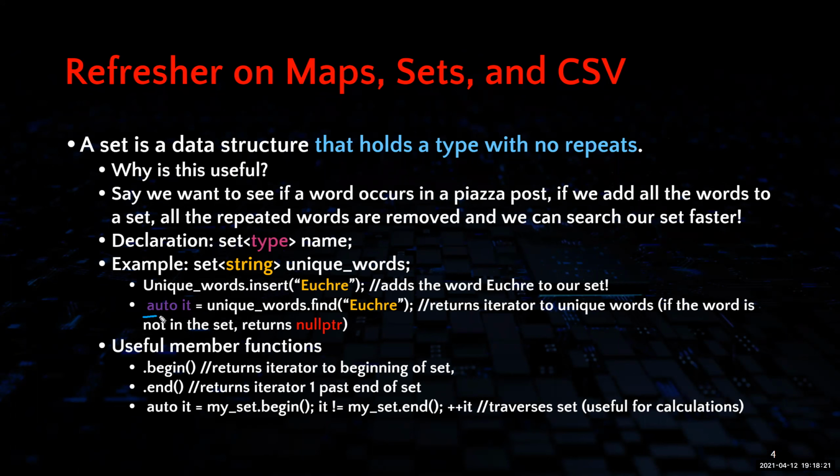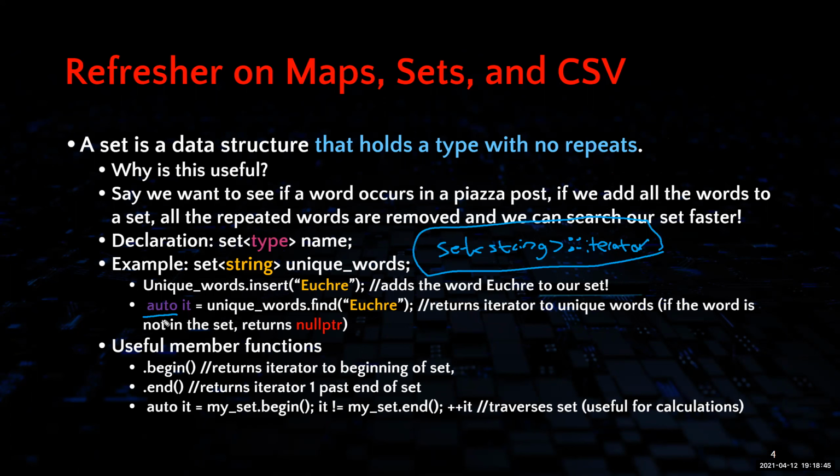So I use the word auto here because you can obviously use the right type, which I think is set of string, colon colon, iterator, I think is what it is. So this right here is what auto is.